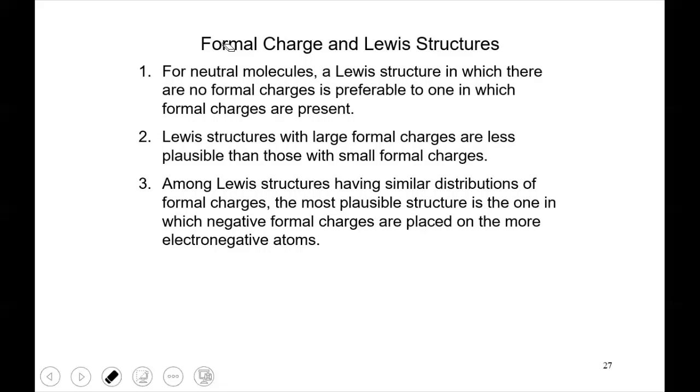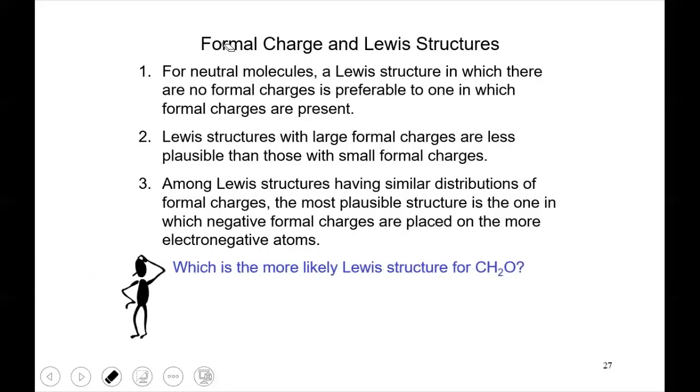Let's say you have a structure that has a formal charge of -1 on a nitrogen and +1 on an oxygen. And then you have another one that puts a +1 formal charge on the nitrogen and a -1 on the oxygen. Notice that they both add up to 0, so it's okay. However, the second structure places the negative formal charge on oxygen, which is a more electronegative atom. And therefore, that structure is more likely to be correct.